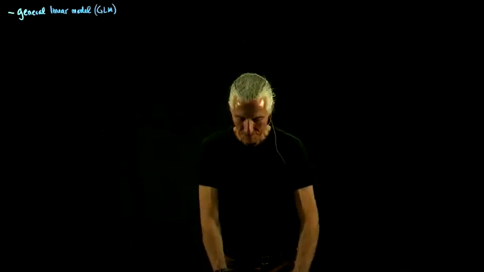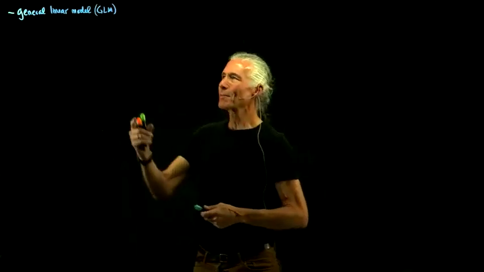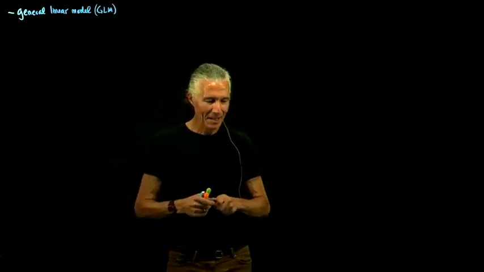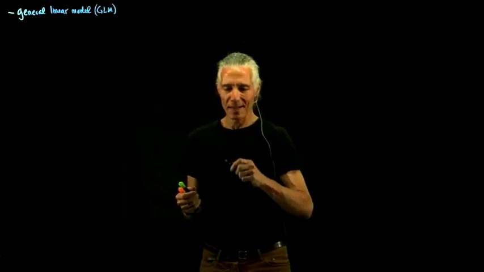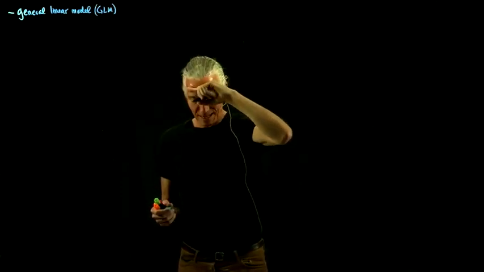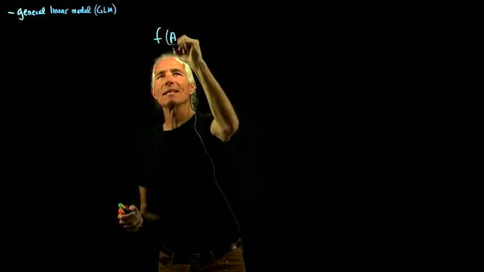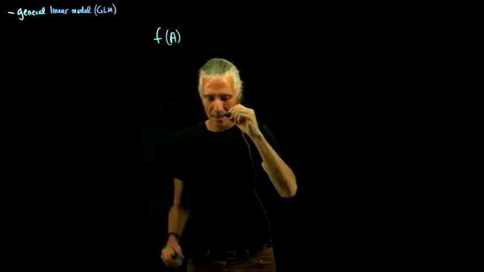So to start off with, what do I mean by linear? Let's back up and ask, what does it mean to be linear? The definition of something being linear is a very simple one.